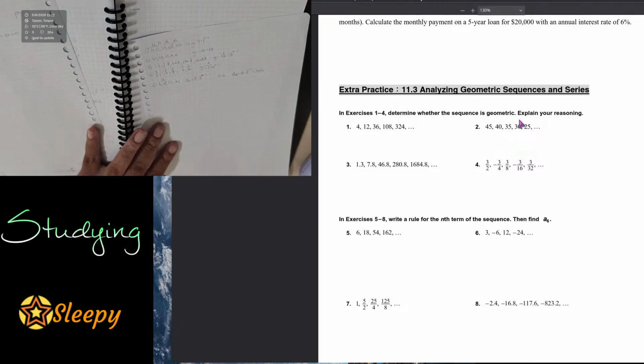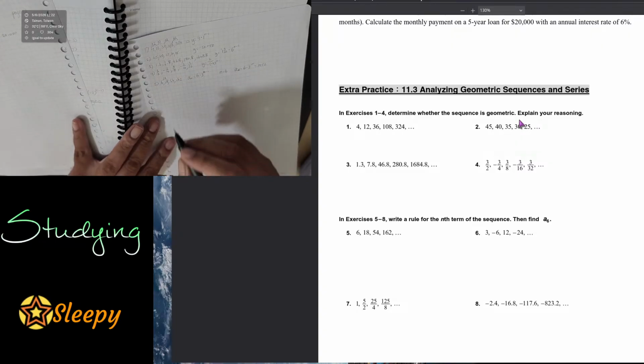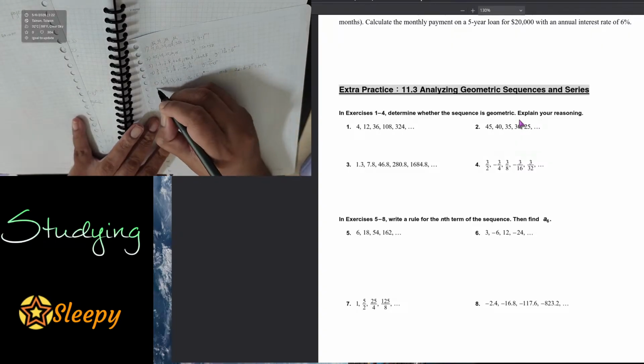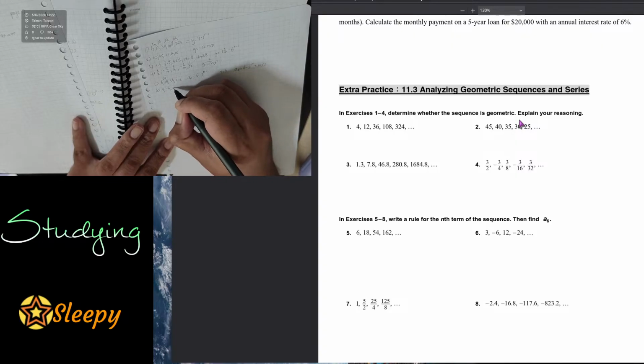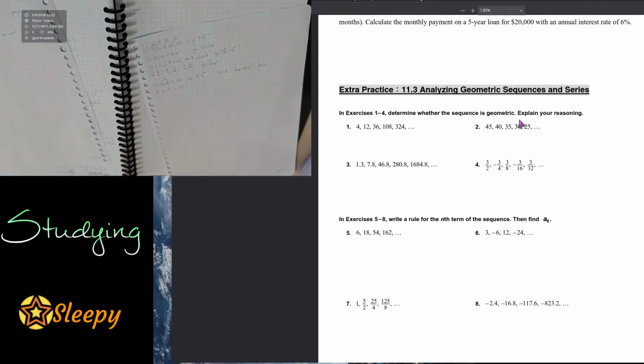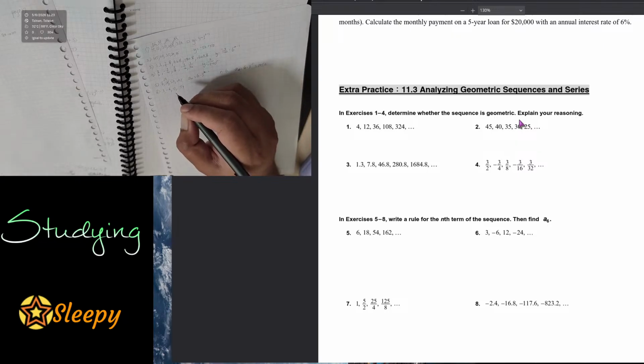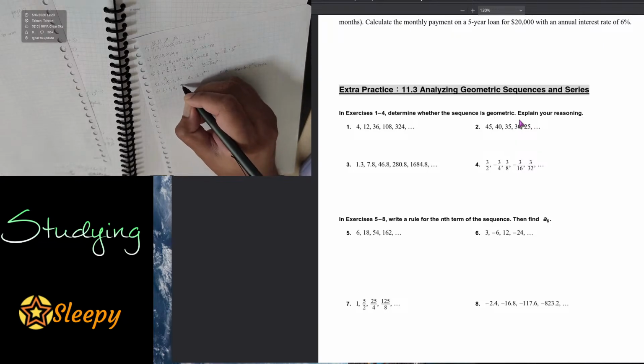Six is 3 minus 6, 12 minus 24. Okay, so this is an alternating sequence. Minus 24, isn't it? Okay, that makes sense. So it kind of doubles, but with a minus sign, right?